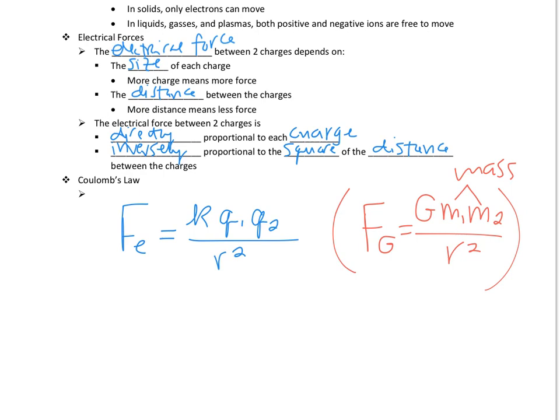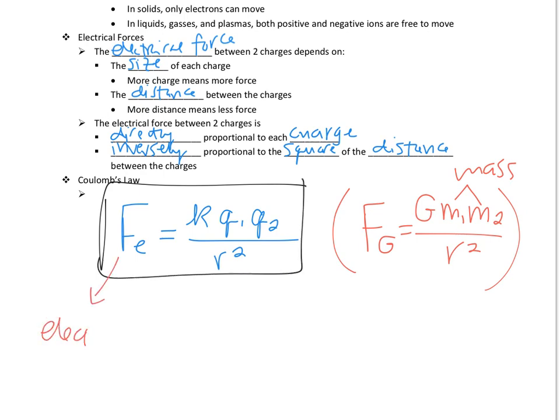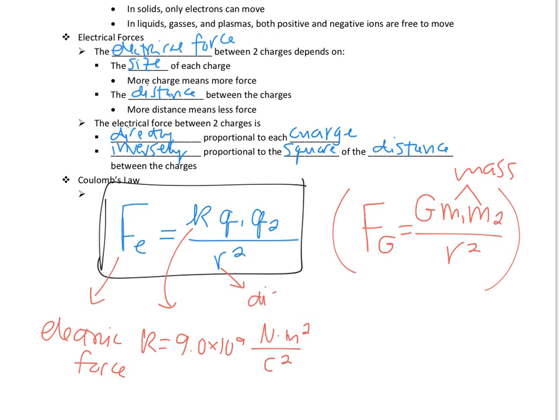So what do each of these represent? Fe is the electric force. K is a constant. K equals 9 times 10 to the 9th newton meters squared per coulomb squared. Store that number in your calculator as K. R squared is the distance between the charges.